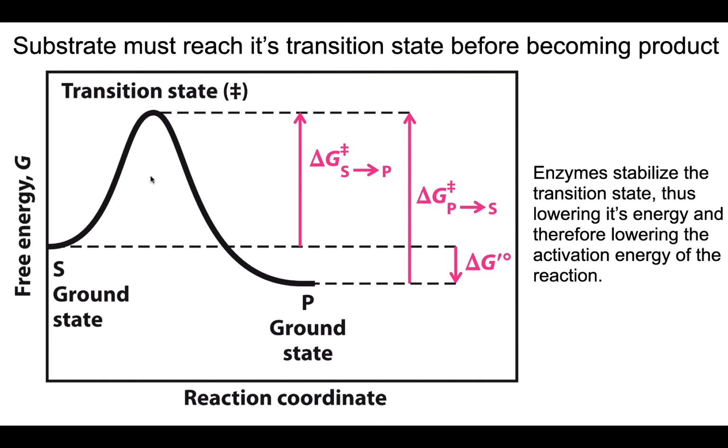Remember, when you stabilize a structure, you lower its energy state. And it's this transition state, this hurdle that the reaction has to get over, that is going to determine the rate of that reaction. The more energy it takes to get to that transition state, the slower that reaction is going to be.